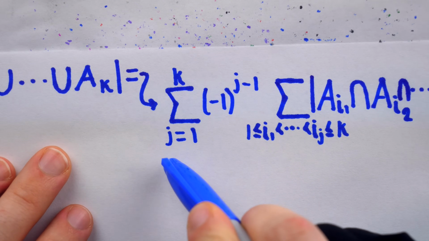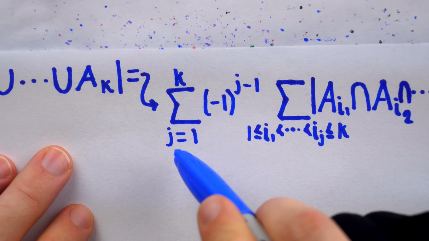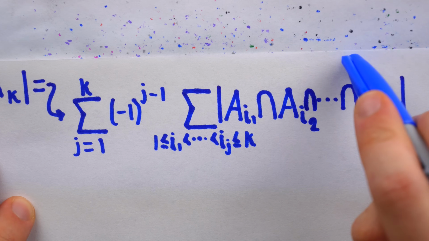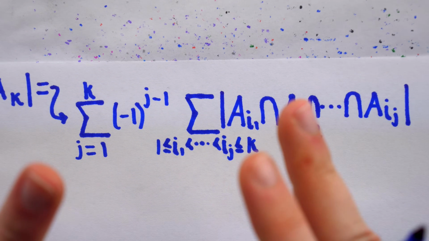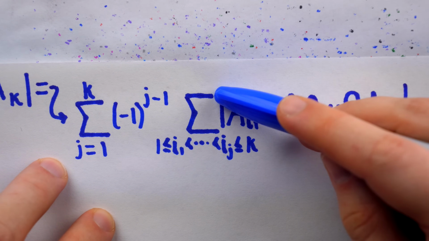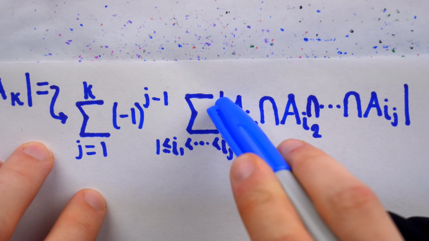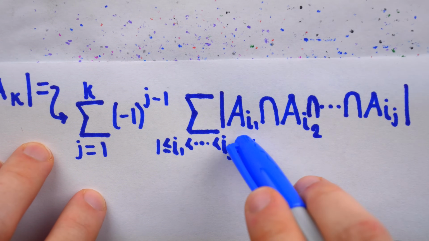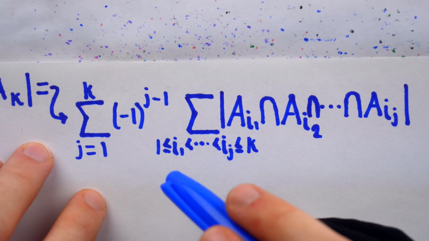So notice out here, we have j starting at 1 and increasing up to k. And that's affecting these intersections here. When j equals 1, we're adding up all of the 1-fold intersections. That means we're just adding up the cardinalities of the individual sets. Then when j equals 2, this sum adds up all possible 2-fold intersections, then all possible 3-fold intersections, and so on.